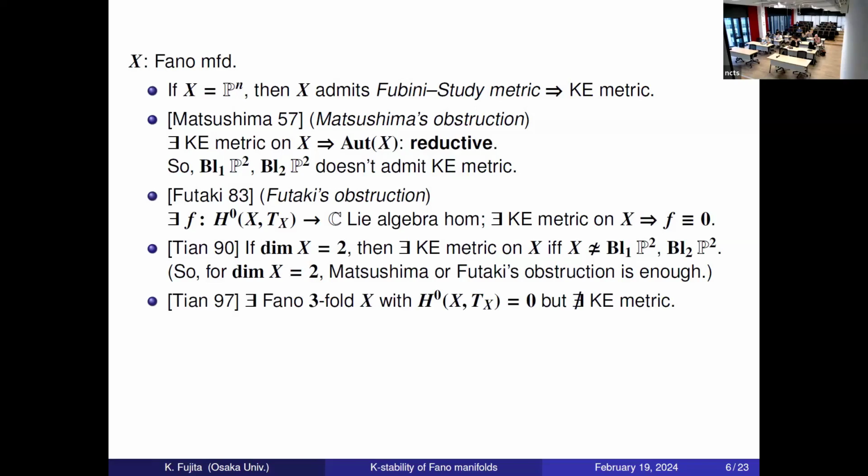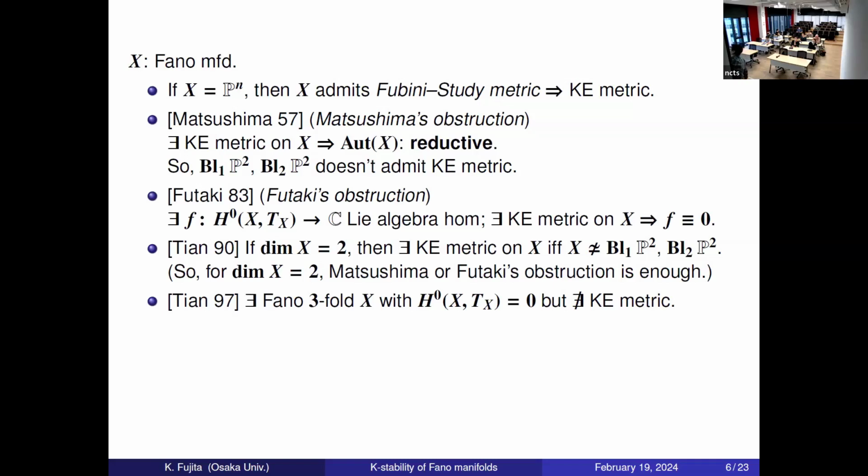But those two obstructions are not enough, unfortunately. For example, Matsushima's obstruction and Futaki's obstruction tell nothing if the automorphism group is finite. A finite group is reductive.